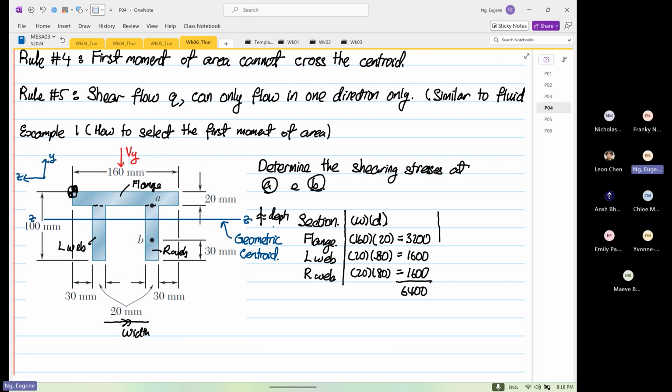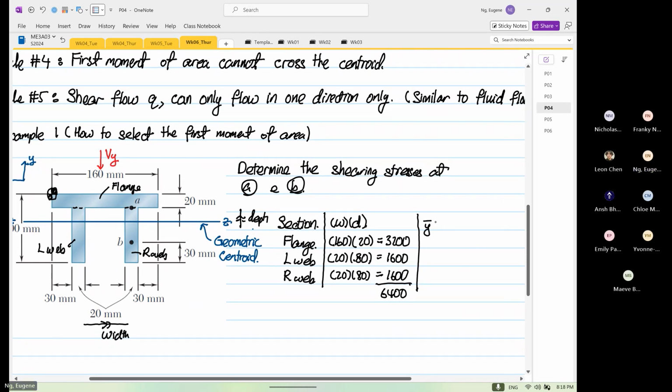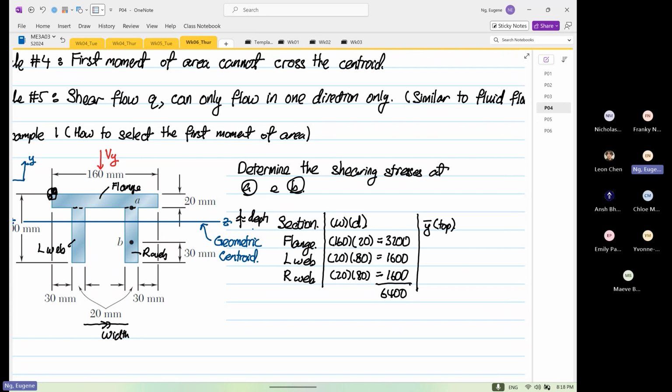Then from here, we determine our Y bar from the top. Okay, so this is 20 divided by 2, it's 10. From the top, this is 20 plus 80 divided by 2. Same thing. So this will be 20 plus 80 divided by 2, 60.